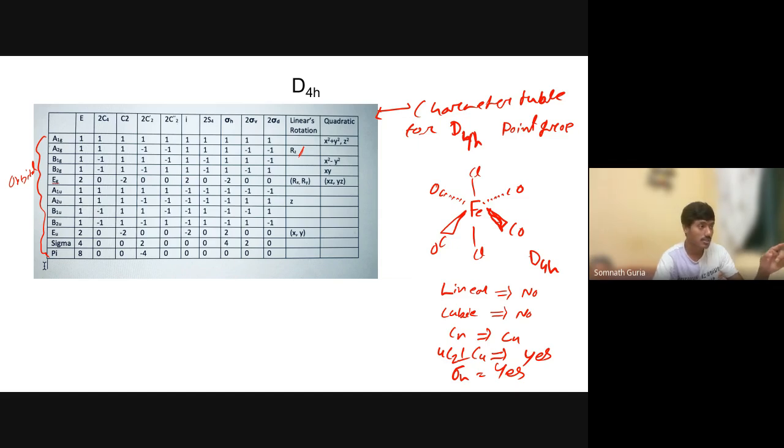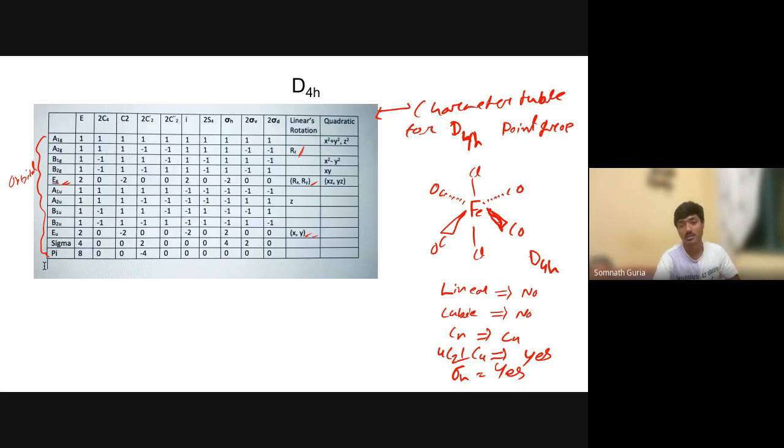So similarly, let's talk about Rx and Ry. We have the Eg orbital; in this Eg orbital we have Rx over here, Ry over here, but Eu is associated with x and y.